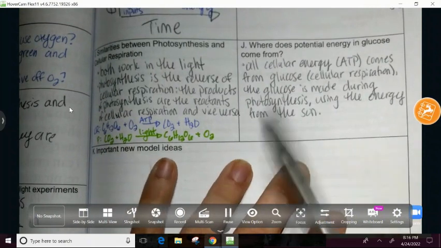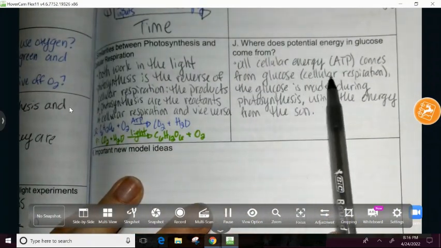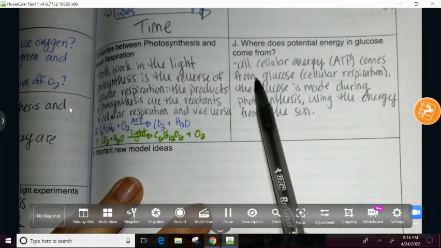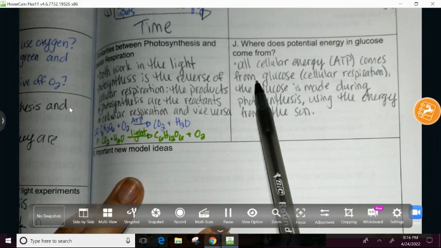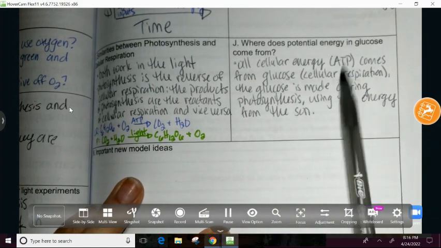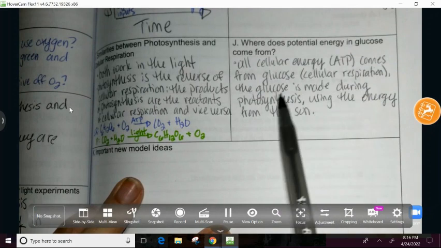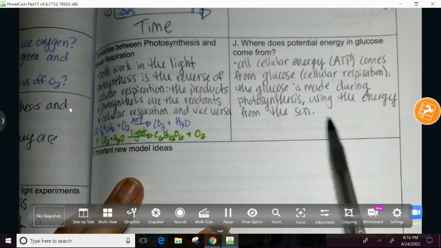All right, so if we go through the process, all cellular energy, ATP, comes from glucose. Remember, cellular respiration is when we need energy. So by breaking down glucose, you release energy. That's through cellular respiration. This glucose is made during photosynthesis from the energy from the sun.